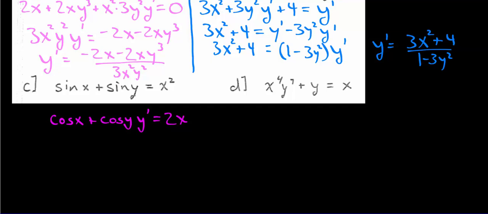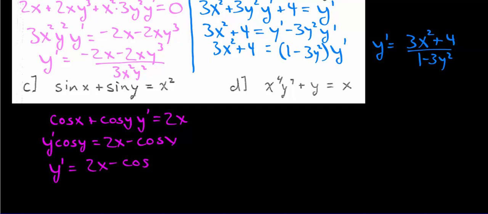Okay. Now I just need to solve for y prime, which is going to be easy. We've got y prime cosine y equals 2x minus cosine x. Just divide by cosine y. And there you have it. There's your derivative dy dx. Now, really, these are all pretty straightforward.